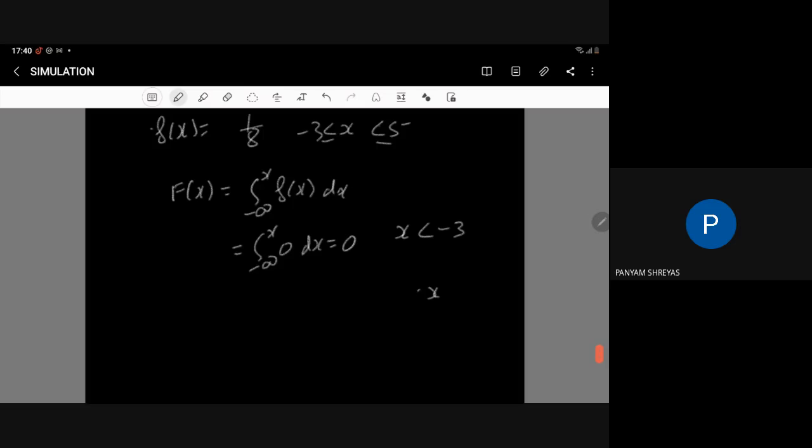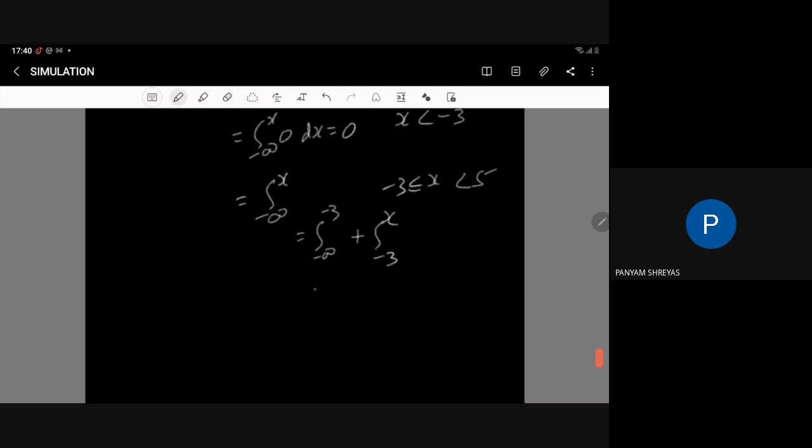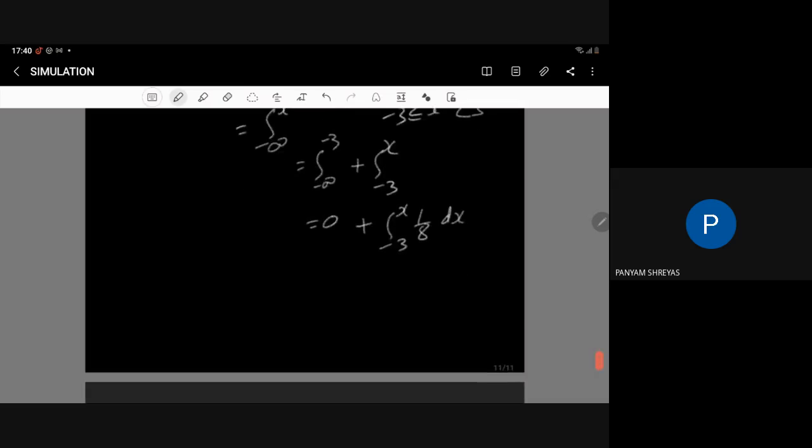When x is greater than -3 but less than 5, this becomes the integral from minus infinity to -3 plus the integral from -3 to x, which is 0 plus the integral from -3 to x of 1 by 8 dx.